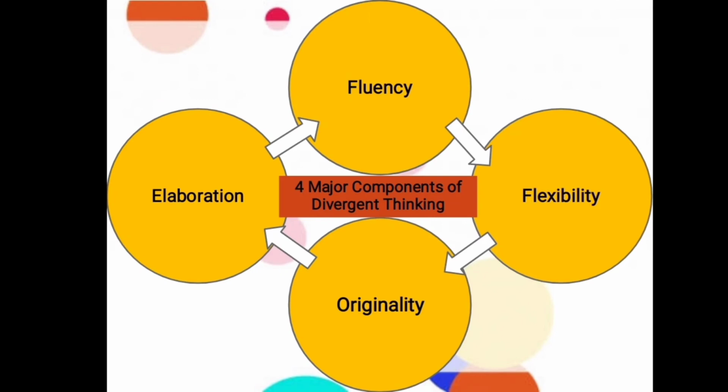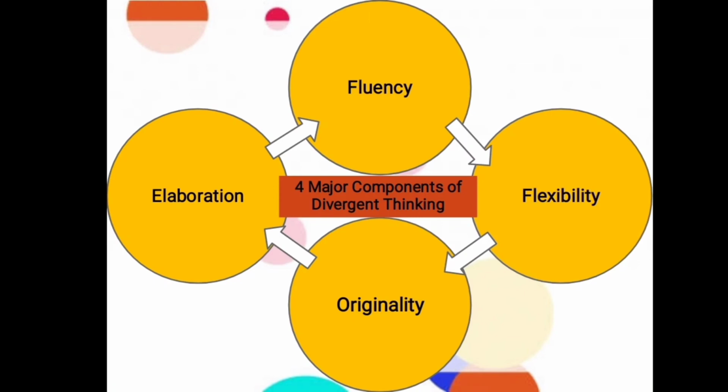So I have here the four major components of divergent thinking. These are very useful for an operational concept. So first is fluency. This refers to the total number of ideas, options, and solutions generated for an open-ended problem.